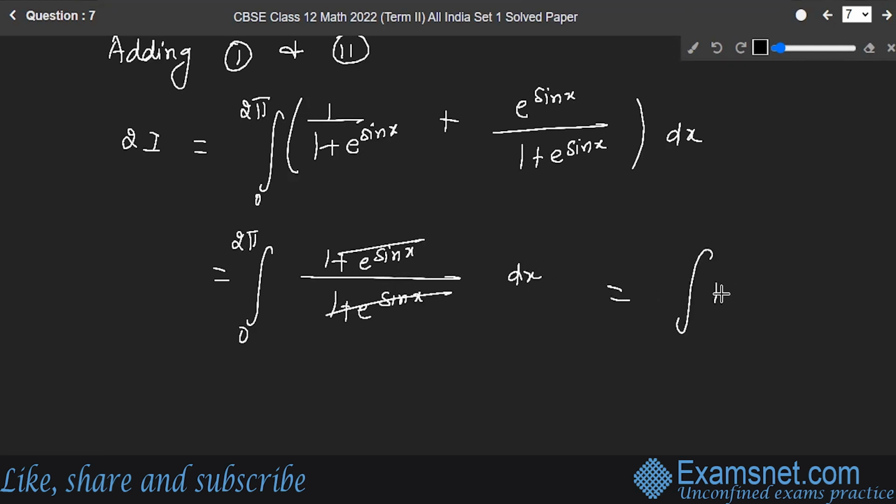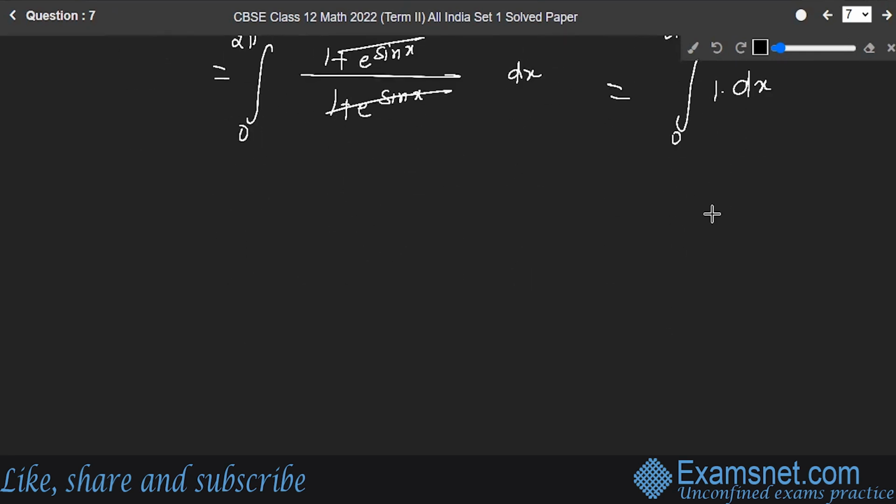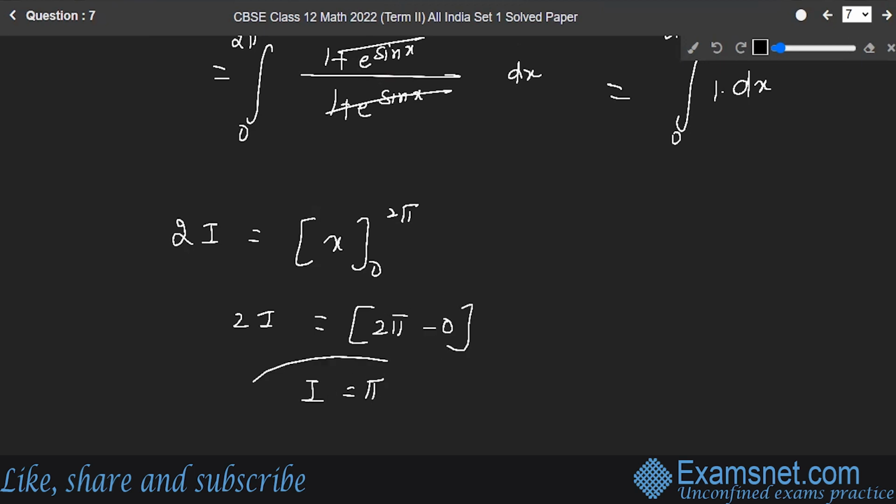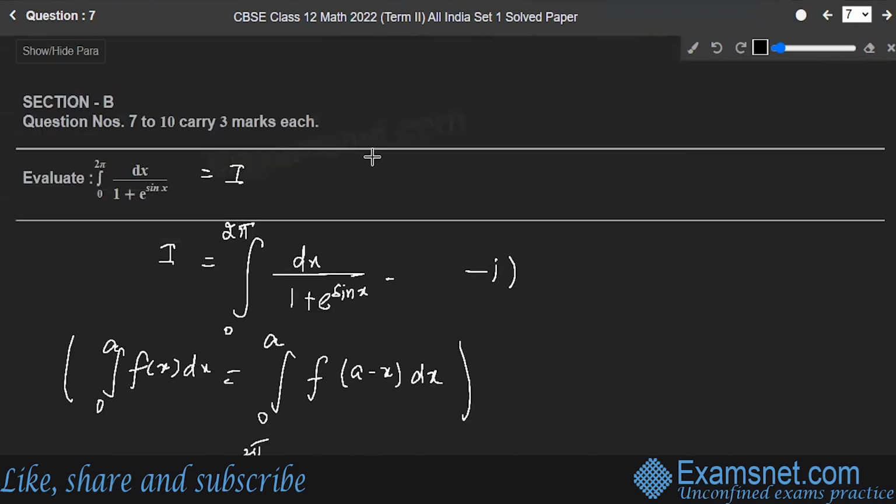You have the integral of 1 into dx from 0 to 2 pi. So 2I is equal to x from 0 to 2 pi. 2I is 2 pi minus 0, which gives you the integral is equal to pi. So the answer to this question is pi. Hope you have understood that.